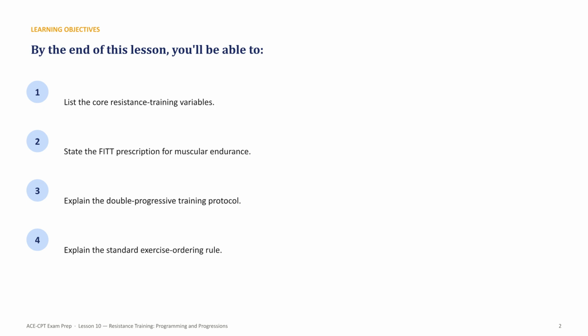Third, you'll explain the double progressive training protocol, the method ACE uses to move a client forward safely. And fourth, you'll explain the standard exercise ordering rule, why some exercises come first in a session and others come later. Keep these in mind as we go. Everything in this lesson builds toward being able to design a real, safe resistance training session.